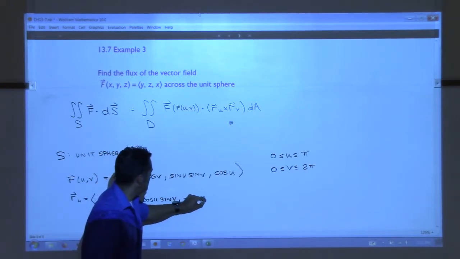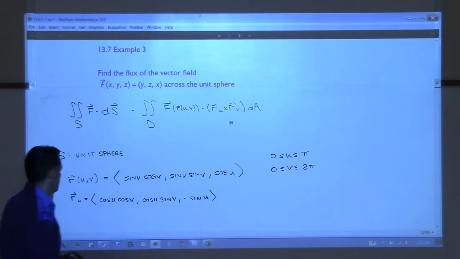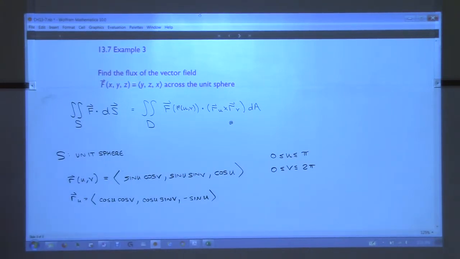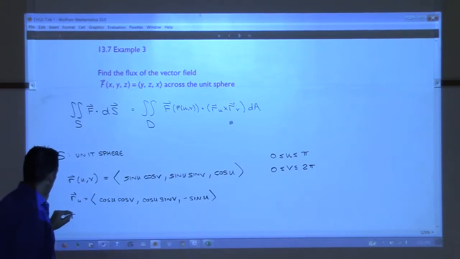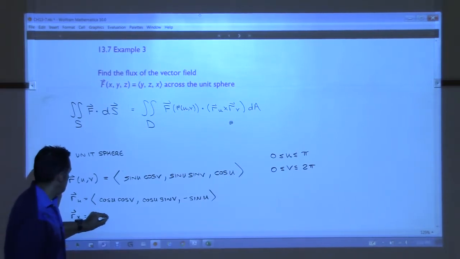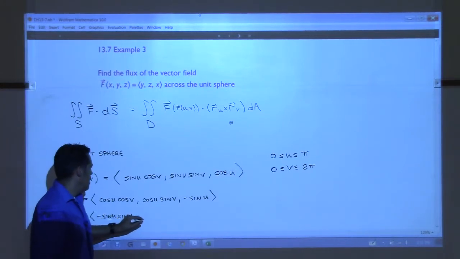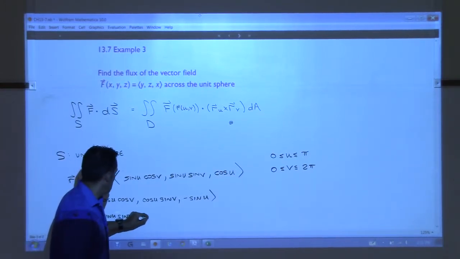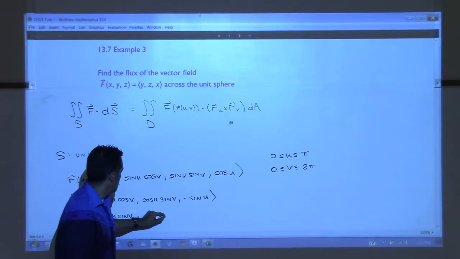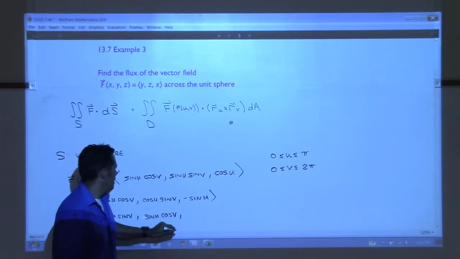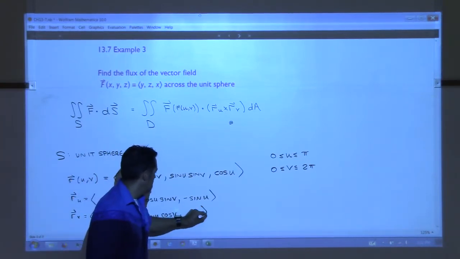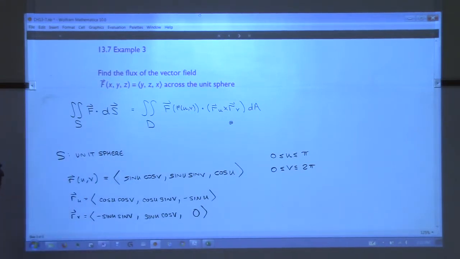We even did crossing last time, didn't we? Yeah, we did. The other partial is negative sine u sine v, sine u cosine v, and then 0. So let's save ourselves some time.